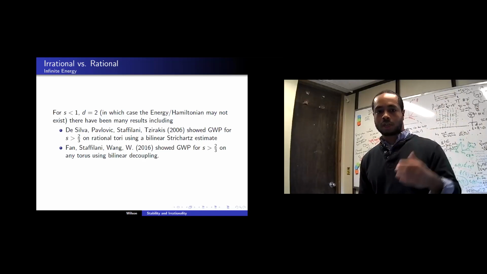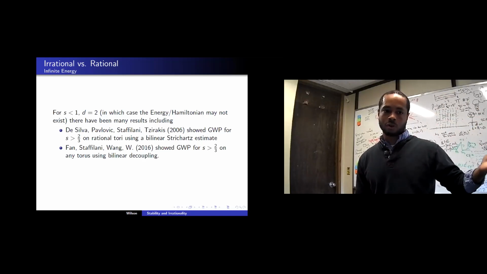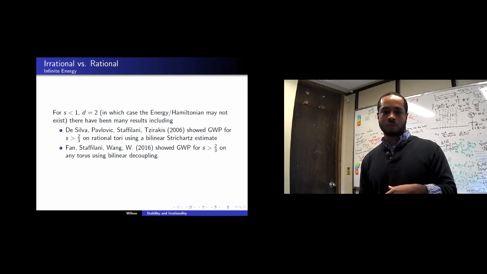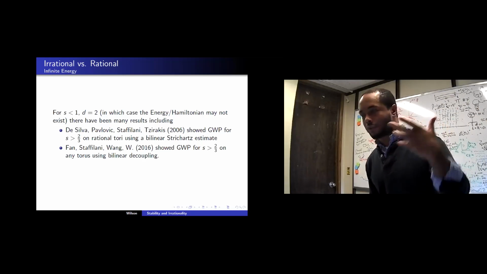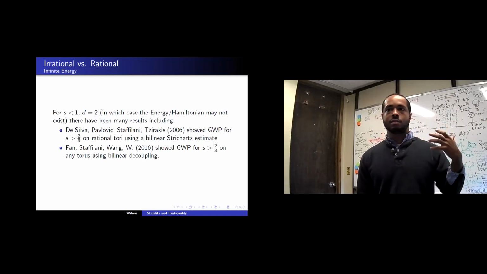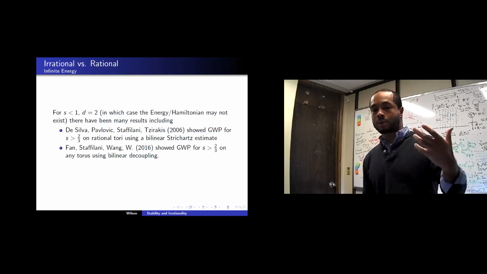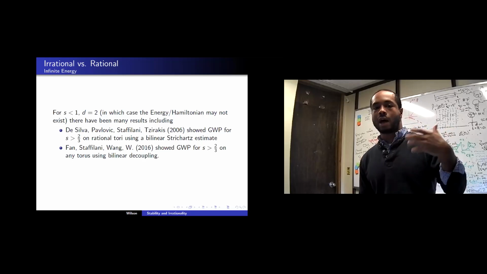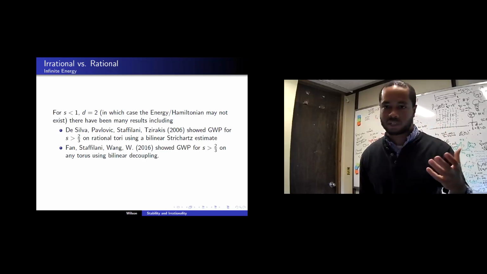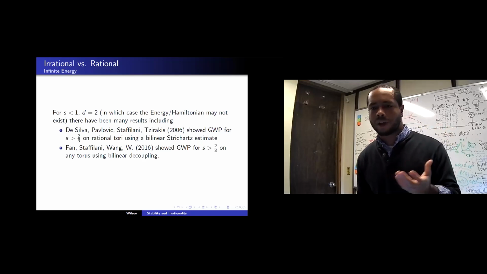problem was in 2016, really, where we worked with one of Staffilani's former graduate students and one of Larry Guth's former graduate students to demonstrate that even for the irrational torus, using the machinery of Bourgain and Demeter in 2014, you can show that, again, you have global well-postedness for this small amount of regularity.